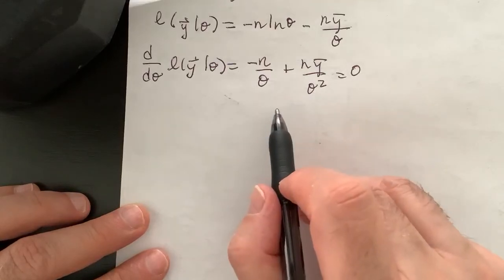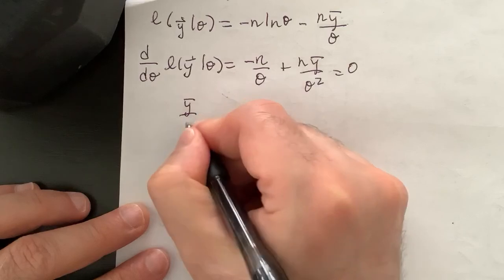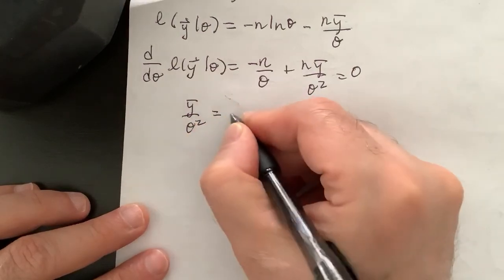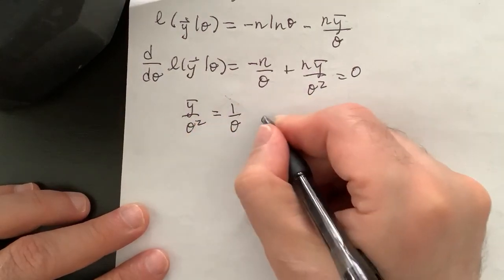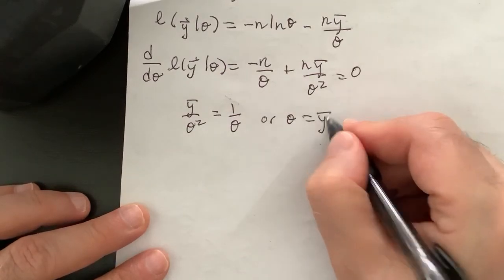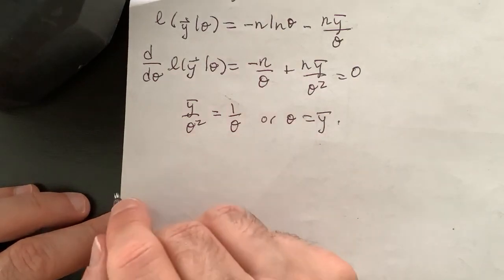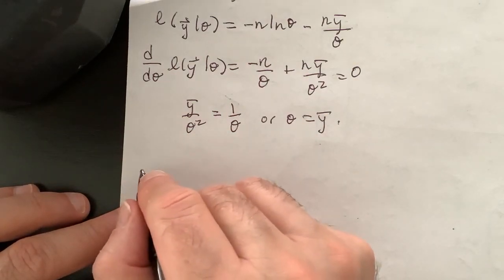The n's cancel, and I get y bar over theta squared equals 1 over theta, or again, theta equals y bar. Turns out this is also an MVUE, okay?